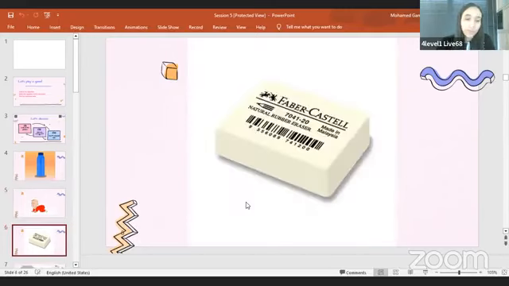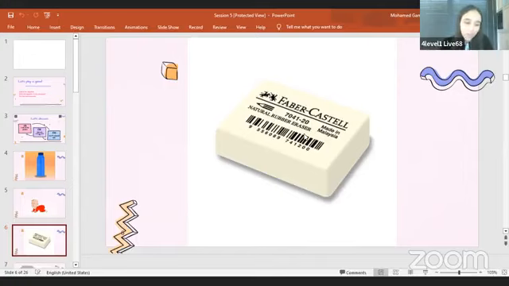Okay, the third one. Tell me, what do you see? What is this? What do we call this? We use this to erase. Can you tell me the name? We use it to erase.